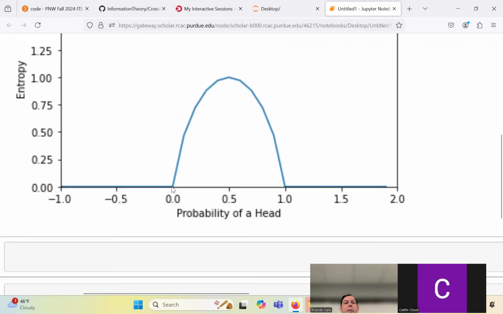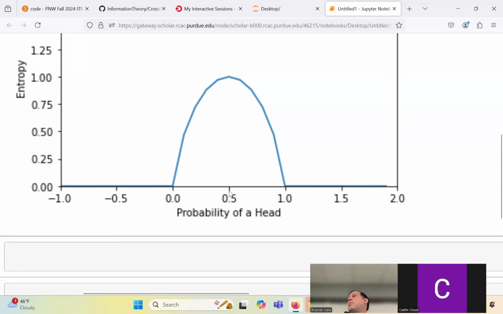If you notice, if the probability of head is 0 or 1, there's no entropy. The value of entropy is basically 0. But the value of entropy is 1 when the probability of head is 0.5. Do you see that? Because it's the most uncertainty that you have.